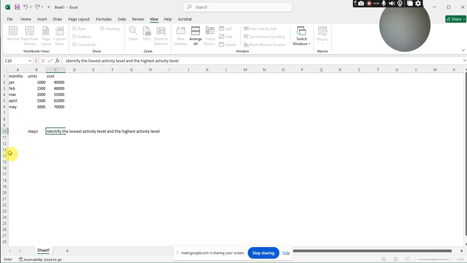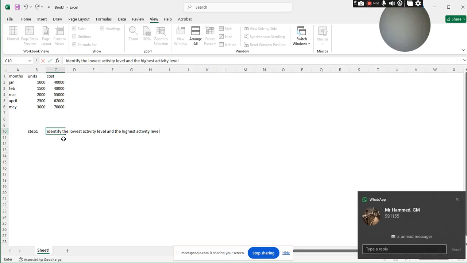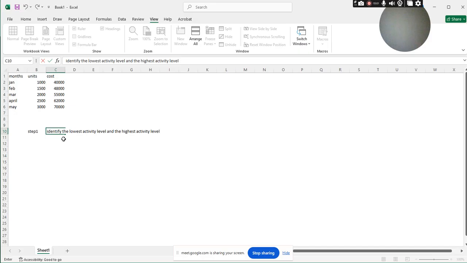So we have identified that the highest activity level is May, while the lowest activity level is January, right? Is that not what we have identified? Yes, it is. Okay.